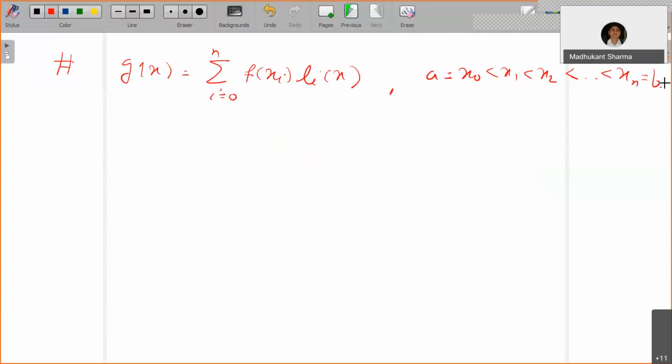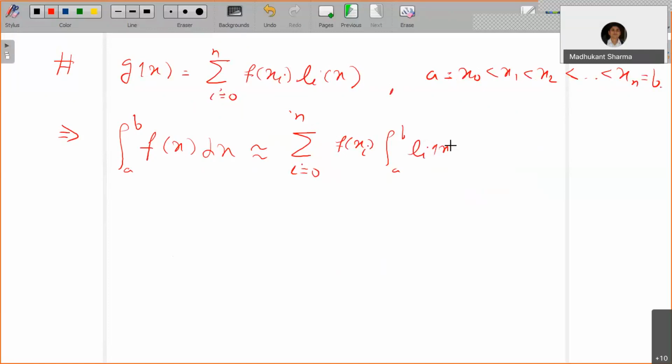So with this, integration a to b f of x dx is approximately equal to summation i equals 0 to n f of xi times, xi being a constant, integration a to b Li of x dx.